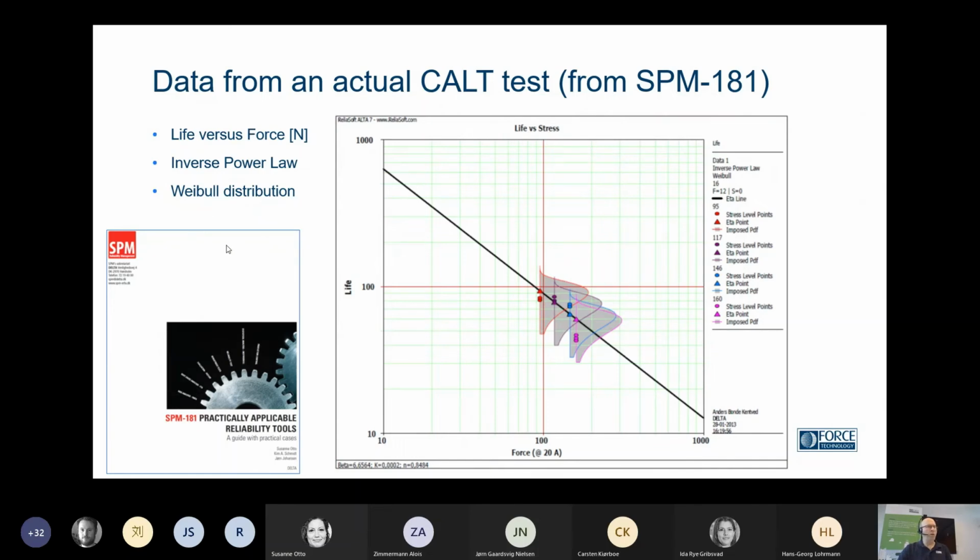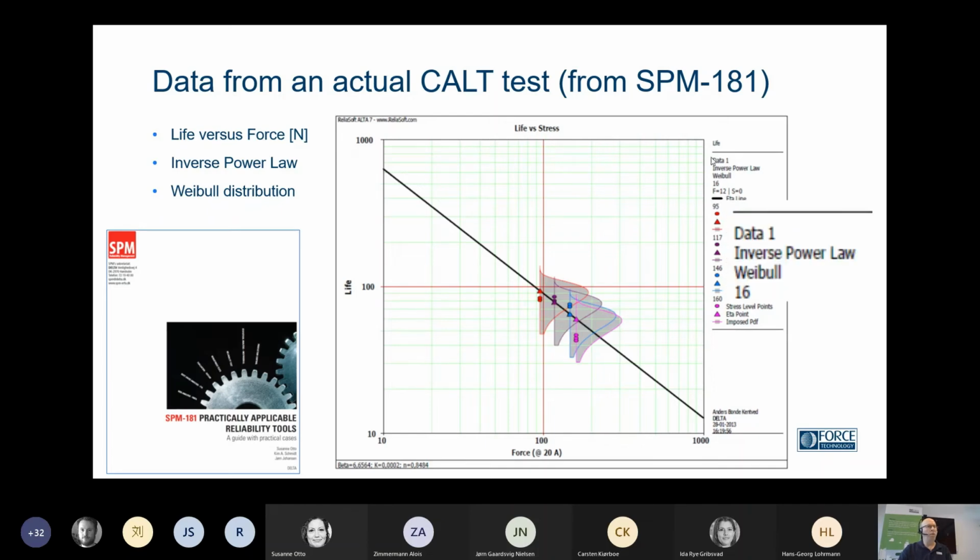It's from another SPM report, 181. Here we can see life as a function of force on a construction, in the unit of newtons. This was for a special system where we run the electrical current constant at 20 amps, and then we change the force, and the different colored dots are from the different stress levels.